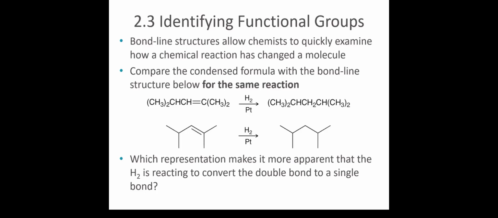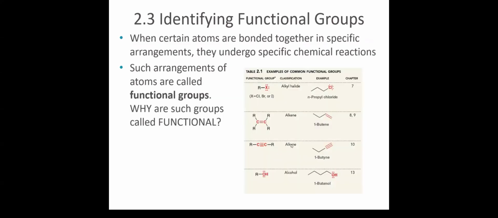Yeah, good. So that's a platinum catalyst, and that gets rid of the double bond. Good. So they both kind of work, but in many cases, condensed structures, it's really hard to figure out what happened. Line drawings make it really easy to see. There's definitely a change there. Our eyes jump right to it.